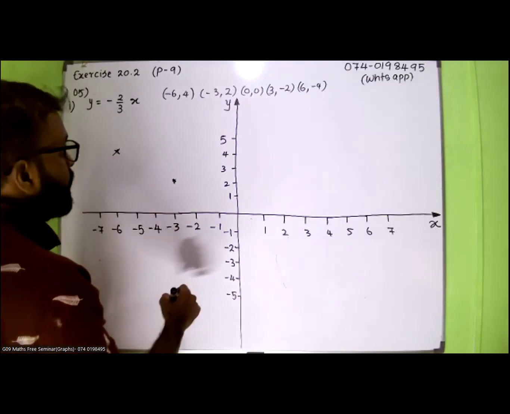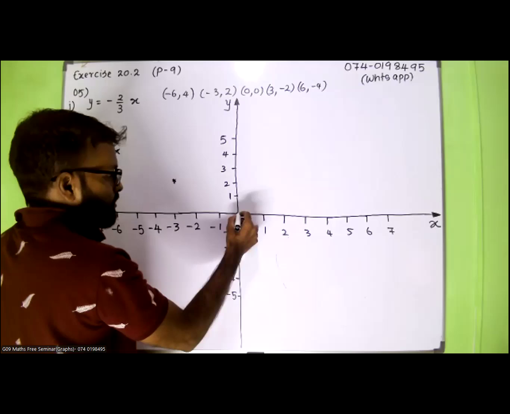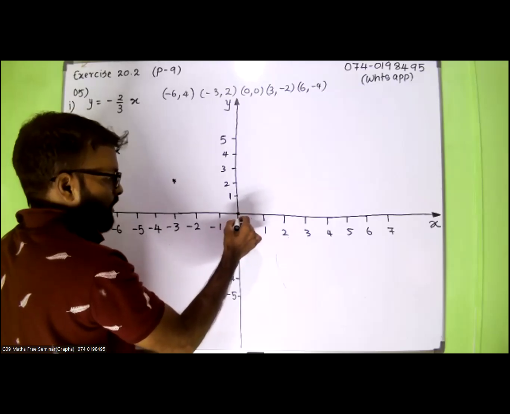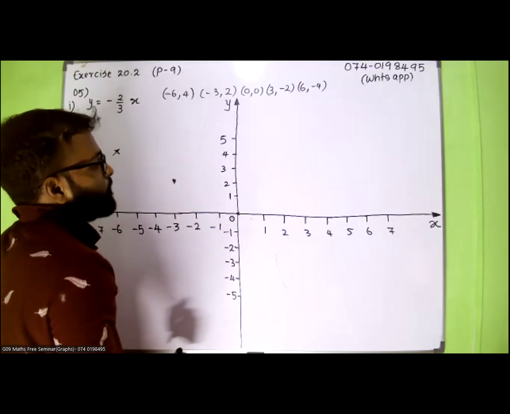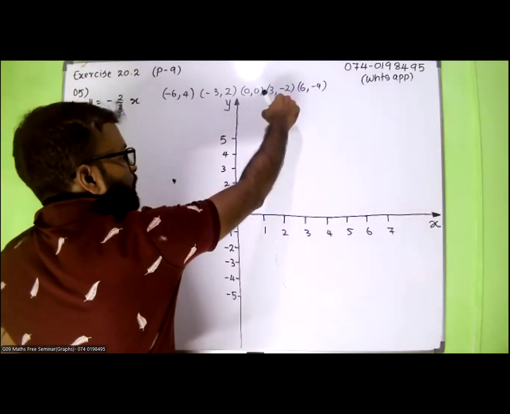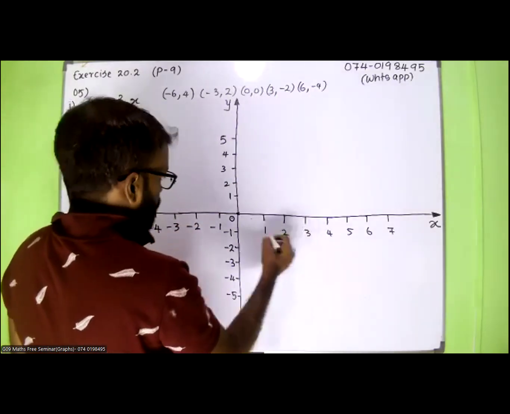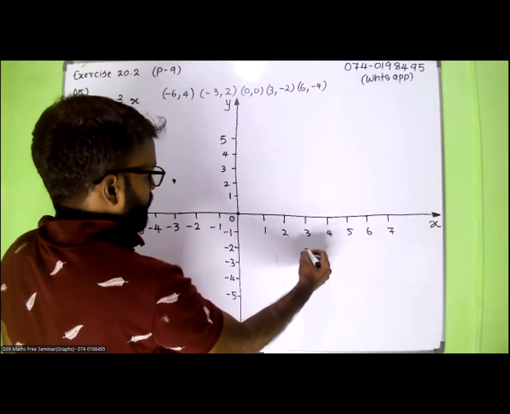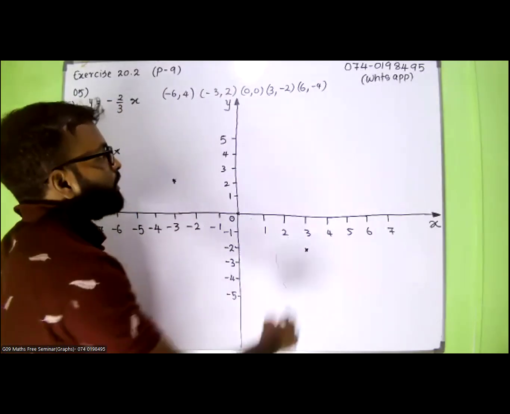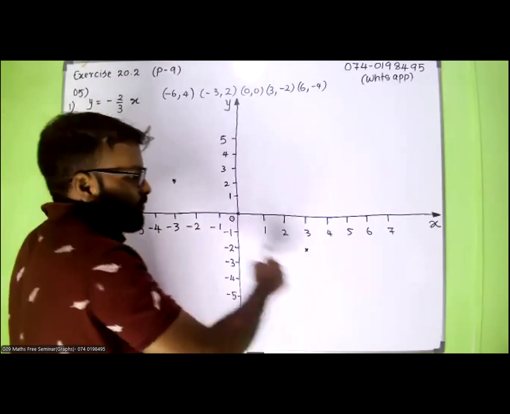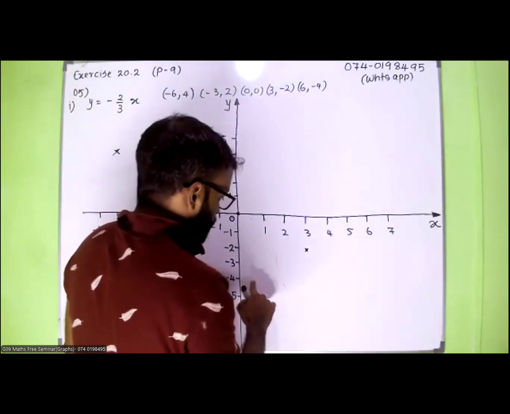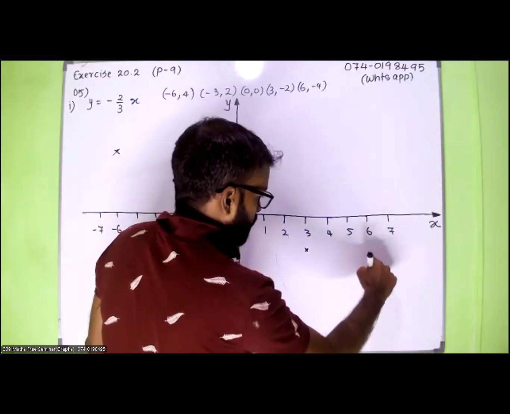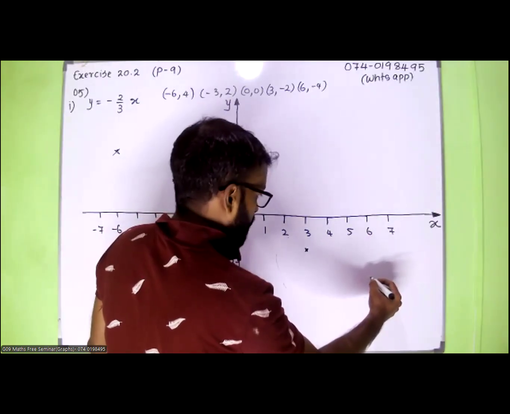Then 0, 0, this is your origin. And 3, -2 is somewhere around here. Then 6, -4 is somewhere around here.